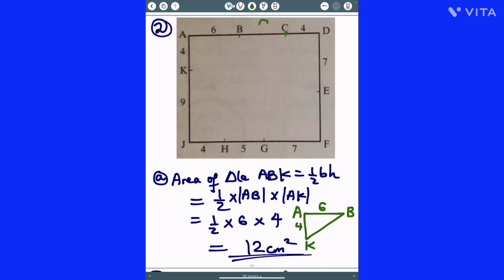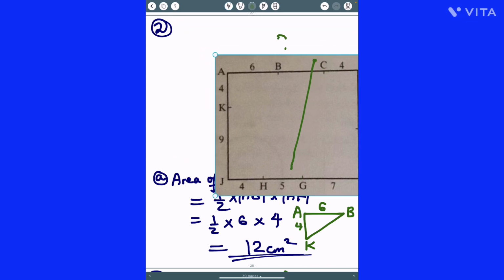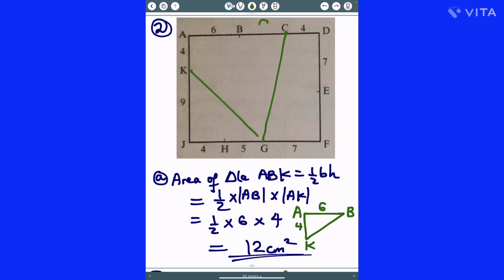This is C. Where is G? Oh, my line keeps dancing. Triangle CGK is here. This is triangle CGK.